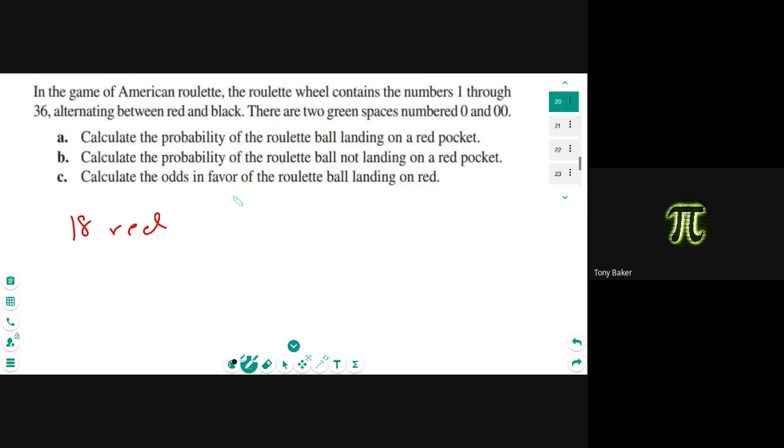And how many numbers are on the roulette table? There's 38. 36 red and black, plus the 0 and plus the double 0. So the probability of me landing a roulette ball in a red pocket is 18 out of 38. Does that make sense? Okay.